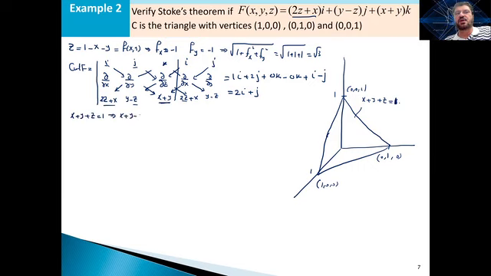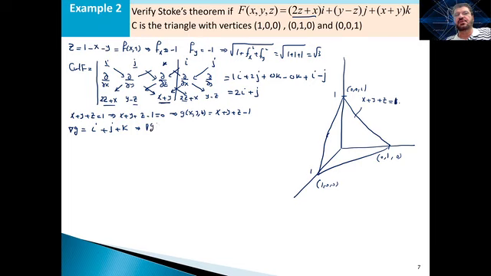So x plus y plus z minus 1 is equal to 0. This implies that g of x, y, and z is x plus y plus z minus 1. The gradient of g is the partial derivative of g with respect to x, which is 1i, plus the partial with respect to y is 1j, plus the partial with respect to z, which is 1k.